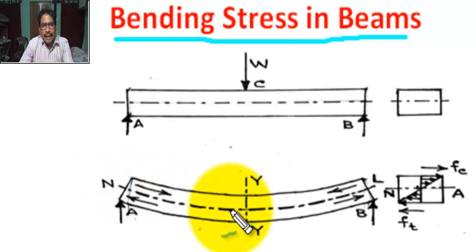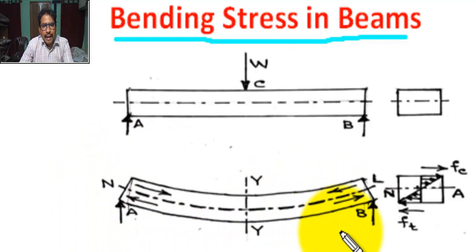Below the NL layer, tensile stress gradually increases up to the extreme bottom end. Above the NL layer, compressive stress gradually increases up to the extreme top layer.